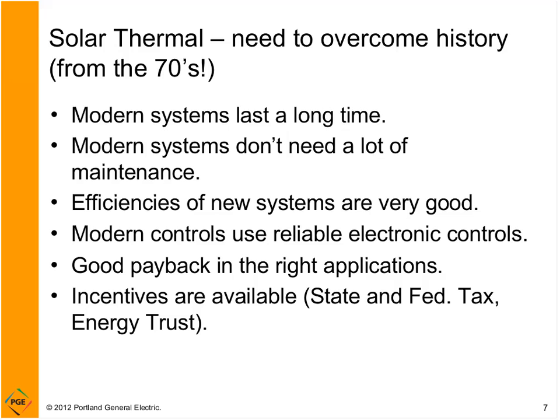Efficiencies are very good. All of the controls and the technology and the valves and the pieces and parts used today are very reliable. So you can get a good payback in the right applications and build a system that lasts a long time. As back in the 70s, though, it's an incentive-driven business, and there are lots of incentives available to make it more reasonable to install solar thermal.